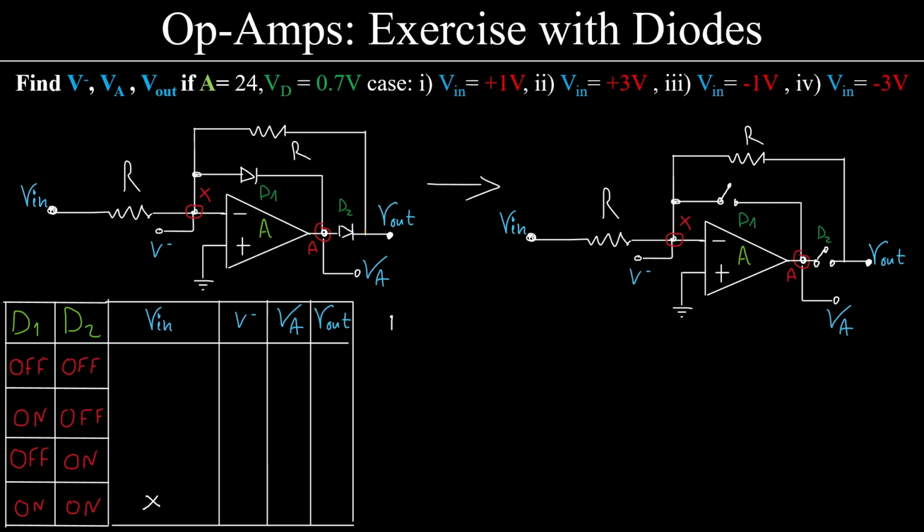So, D1 and D2 are off. That means that Vx minus Va must be less than 0.7. Also, Va minus Vout must be also less than 0.7.